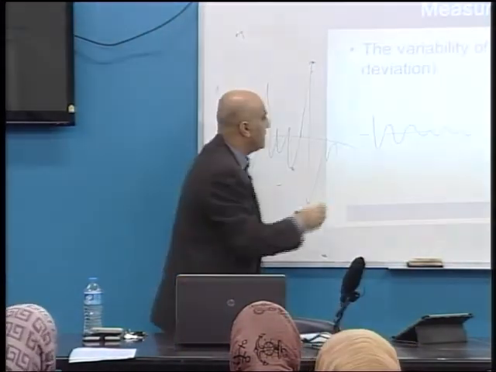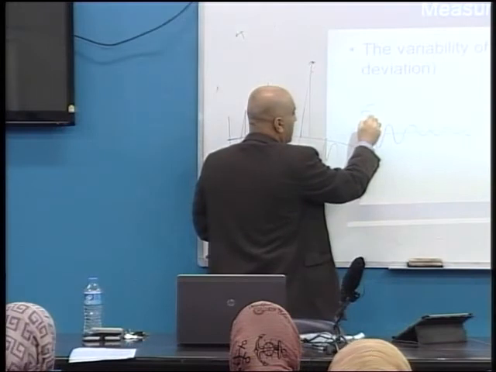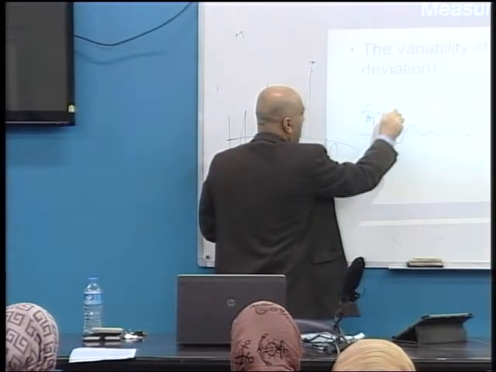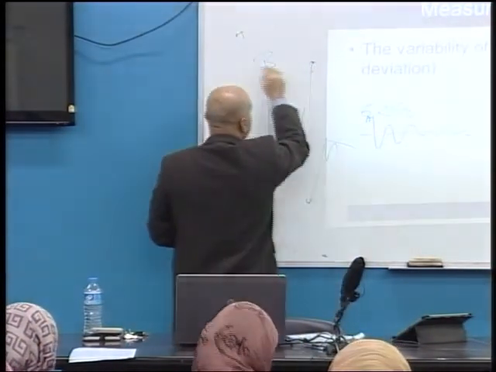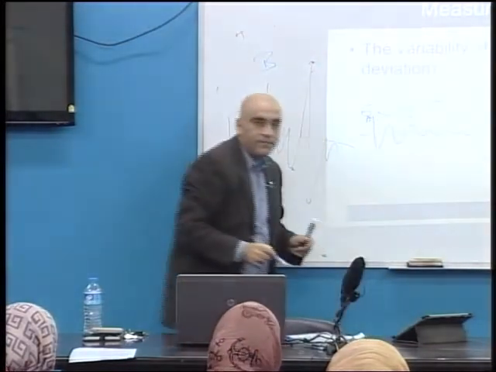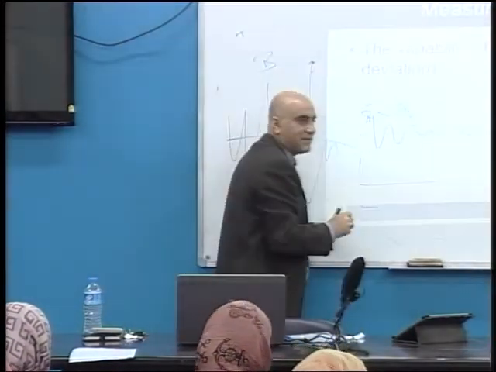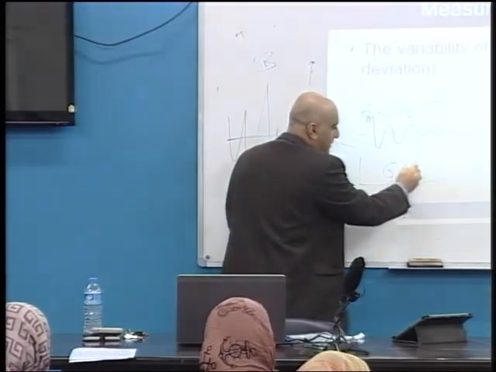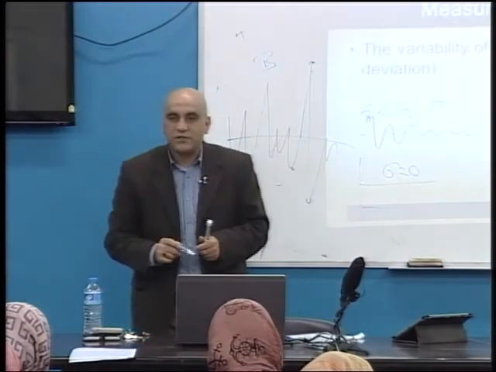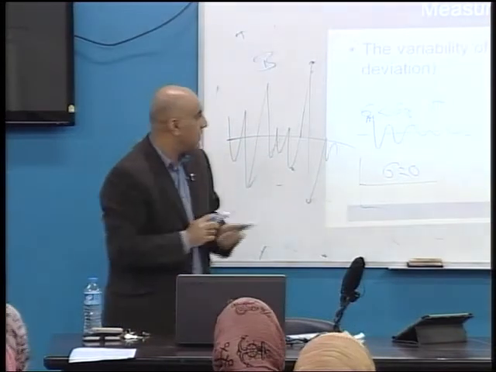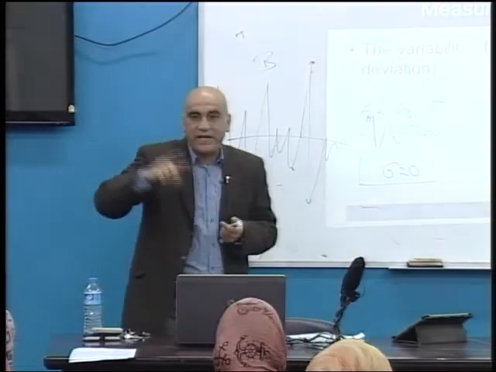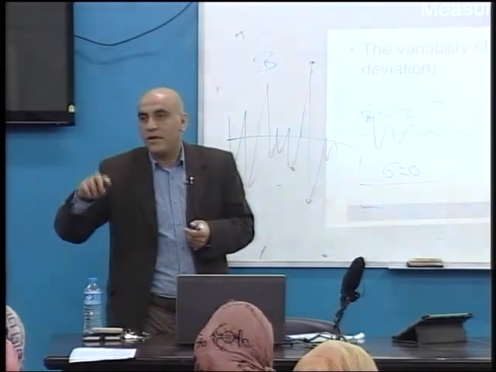So you can tell the sigma of A is less than the sigma of B, if this is B and this is A. And if we have another stock like this, the sigma is equal to 0. There is no fluctuation. Okay? The higher the fluctuation, the higher the risk.